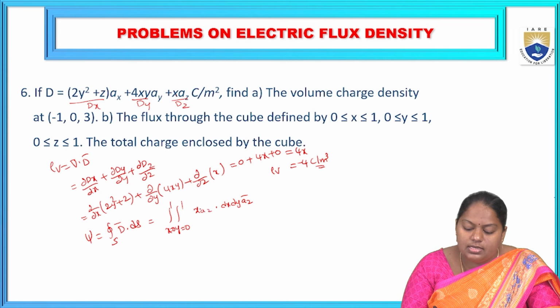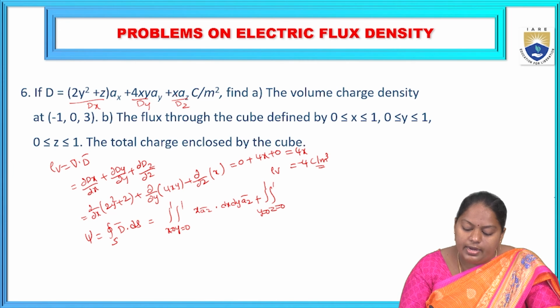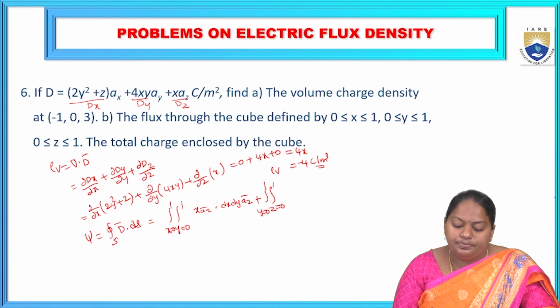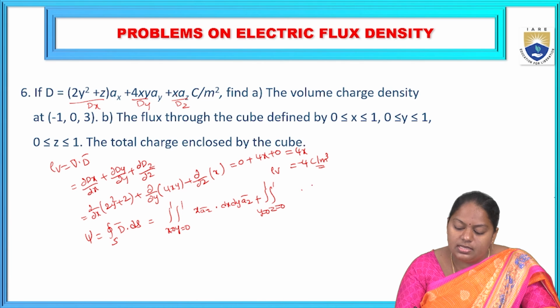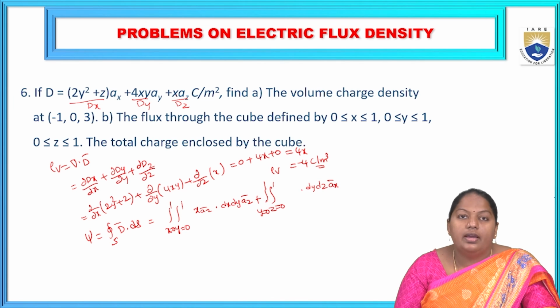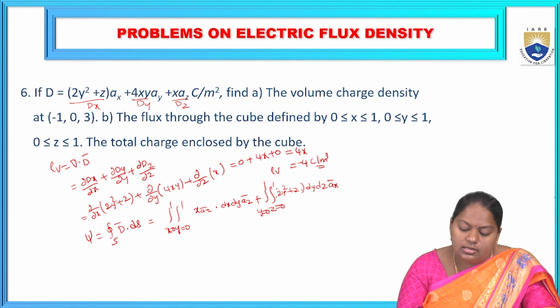Then plus the integral over y from 0 to 1 and z from 0 to 1, where dS is dy dz into ax. The ax component is 2y square plus z into ax.